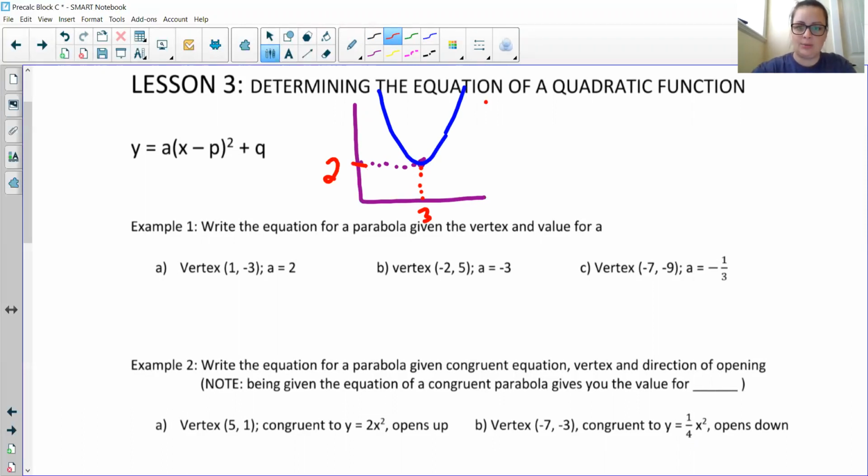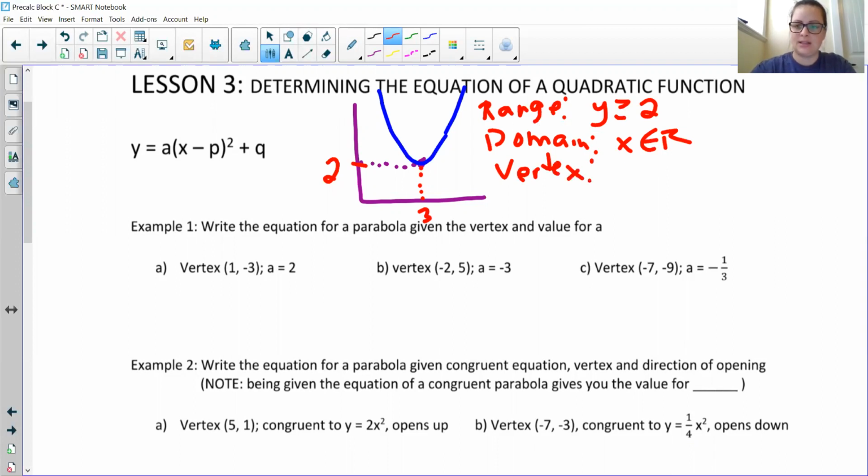You know the range is a minimum, so y has to be greater than or equal to 2. You know the domain is x is all real numbers. You know the vertex is at 3, 2, and that means you know almost the whole equation.